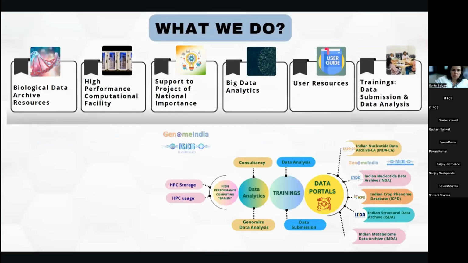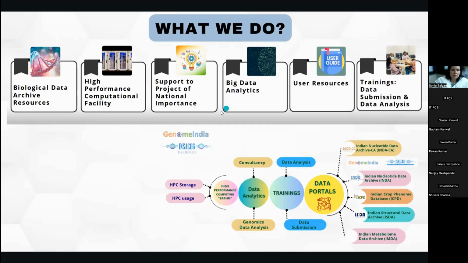So coming to what we do, our main objective is to develop and maintain the biological data archive resources at IBDC. Depending upon the different biological data types, we develop the portals and associated metadata and SOPs. Then, as we have the Brahm HPC facility here, we also support researchers with the high performance computational facility if they require it for their research work.